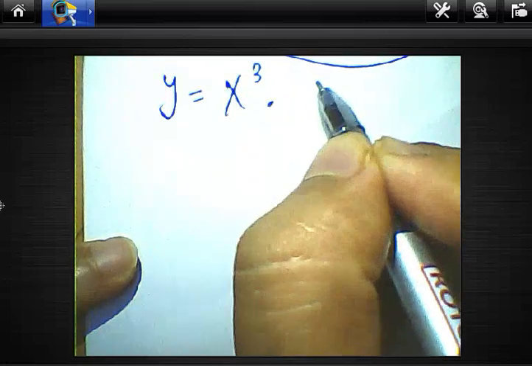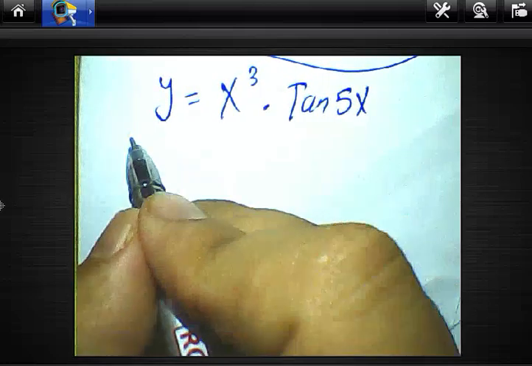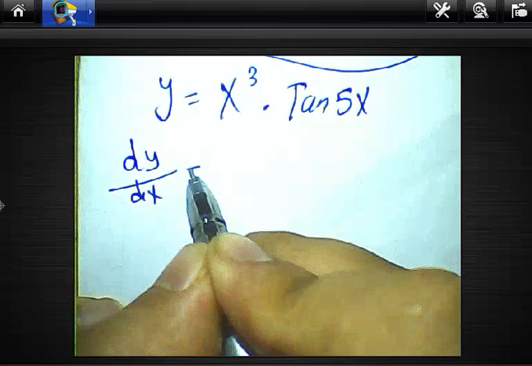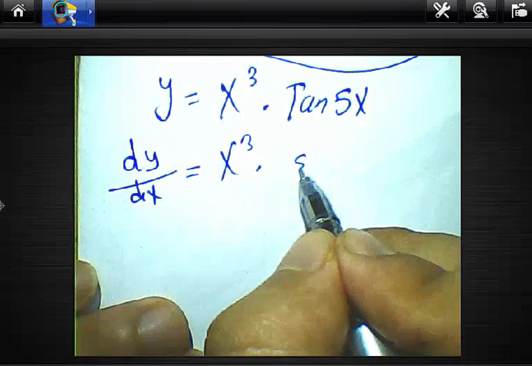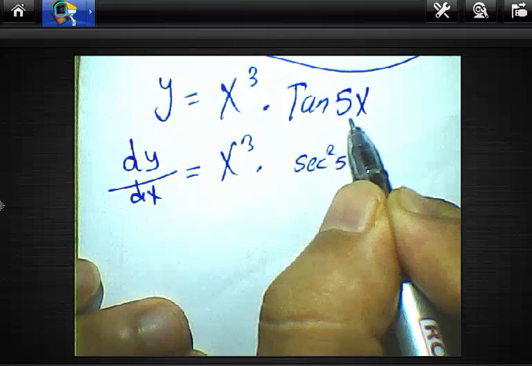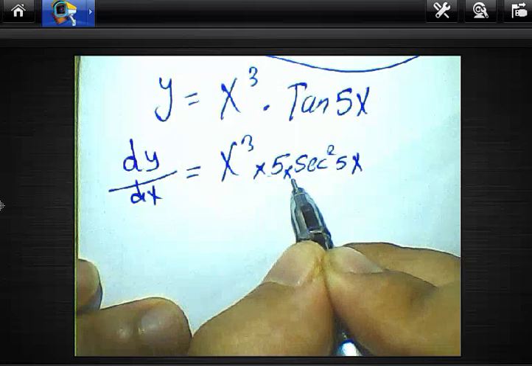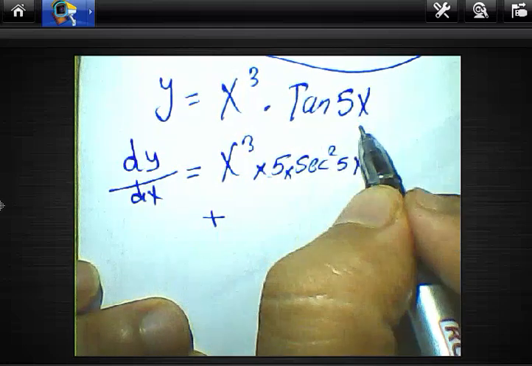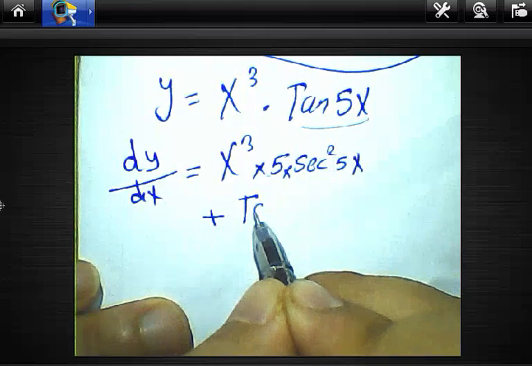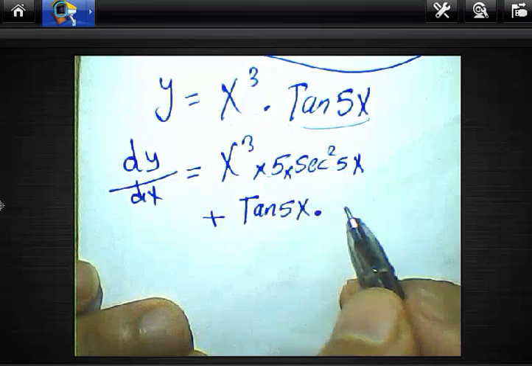Now we have y equal x power 3 multiplied by tan 5x. We want to find the derivative of this function, dy over dx. The derivative of y for x equals, we write the first multiplied by the derivative of the second. The derivative of tan will be sec power 2 5x multiplied by the derivative of this angle, which will be 5. So the result will be x power 3 multiplied by 5 multiplied by sec power 2 5x, plus we write the second here, tan 5x, multiplied by the derivative of x power 3, which will be 3x power 2.